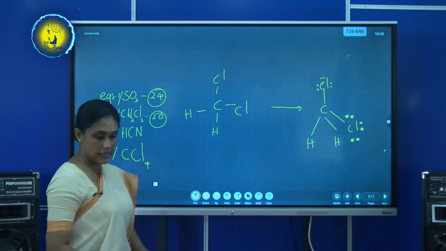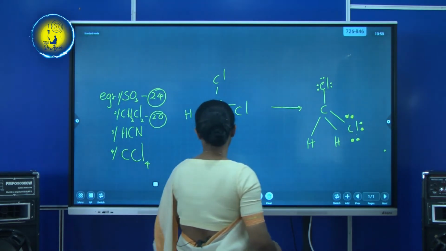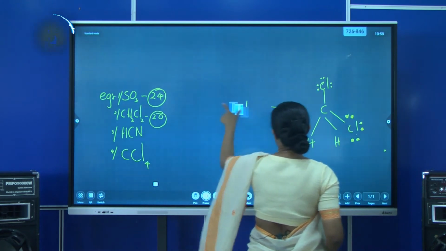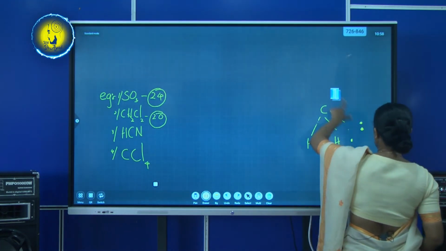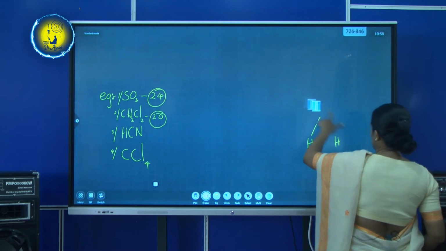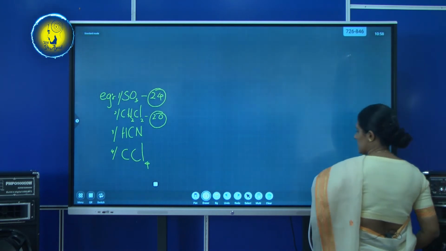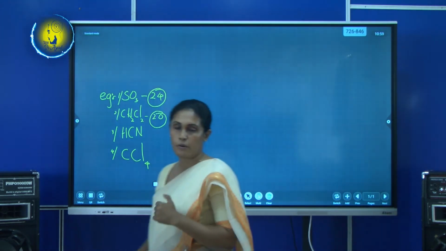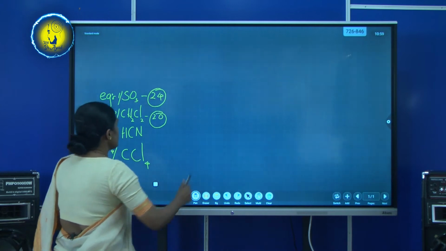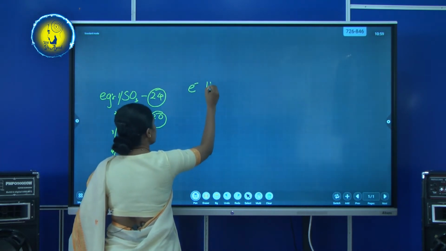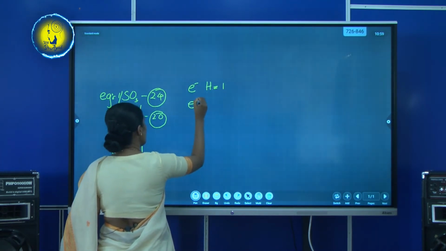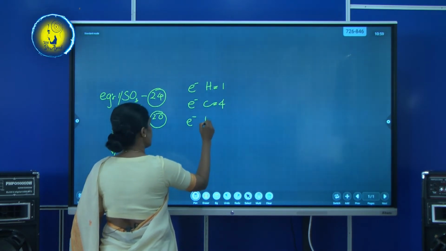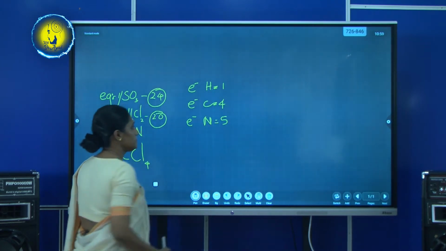So let me go to the third example. That is hydrogen cyanide, HCN. Can you remember, have you seen it before? We rarely use it, but in your syllabus they have mentioned it, therefore I would like to talk about it. Right. Let's write electrons from hydrogen 1, electrons from carbon 4, electrons from nitrogen 5.